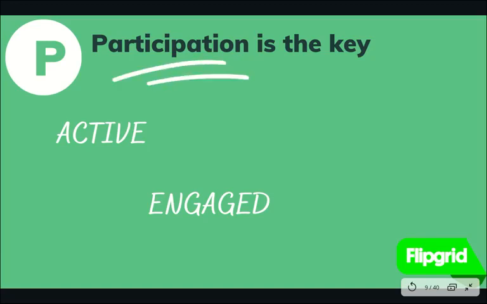How do we make sure that they're engaged? Flipgrid is one way of ensuring that our students are active and engaged. Later in this webinar, we will go through specific ways on how we can let our students participate actively and be engaged.